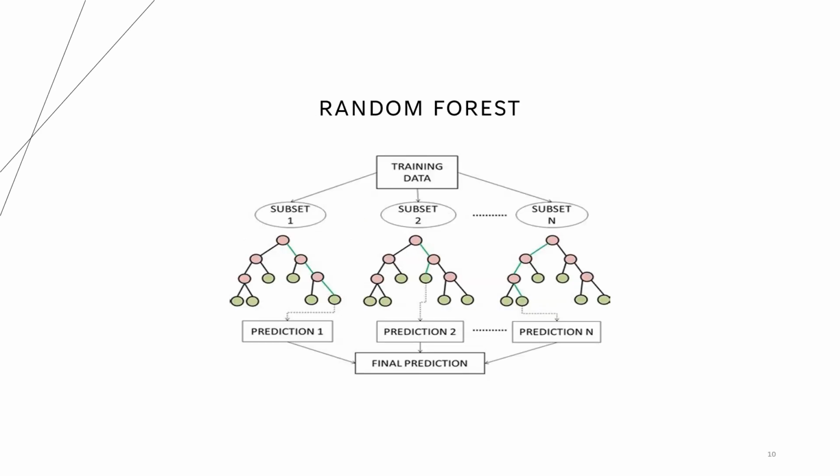Random forest is another popular algorithm used for spam email detection. Random forest is an ensemble learning method that combines multiple decision trees to create a more robust and accurate model. To apply random forest to spam email detection, the algorithm is trained on a labeled dataset of emails, where each email is labeled as either spam or non-spam.